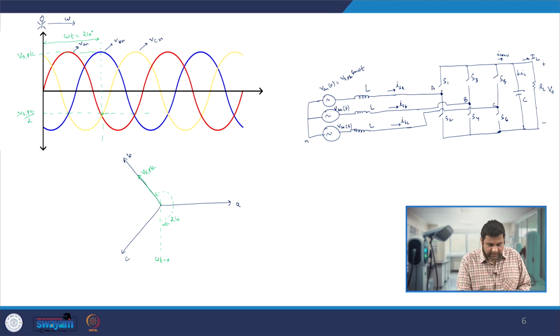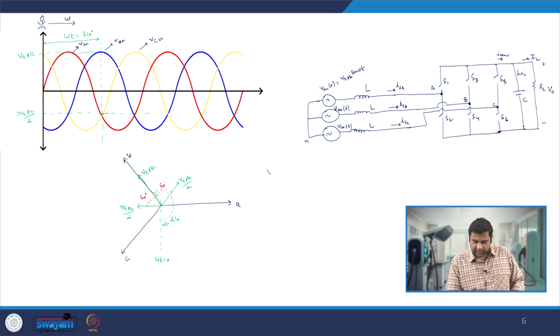From A phase and C phase you are applying minus Vs peak by 2. So let us define: here I am applying minus Vs peak by 2 from A phase, and C phase is again minus Vs peak by 2. And if we see the resultant of this, this is 60 degrees, this is again 60 degrees.